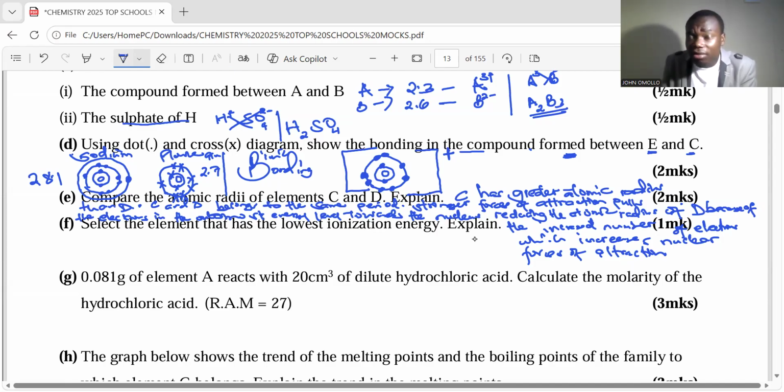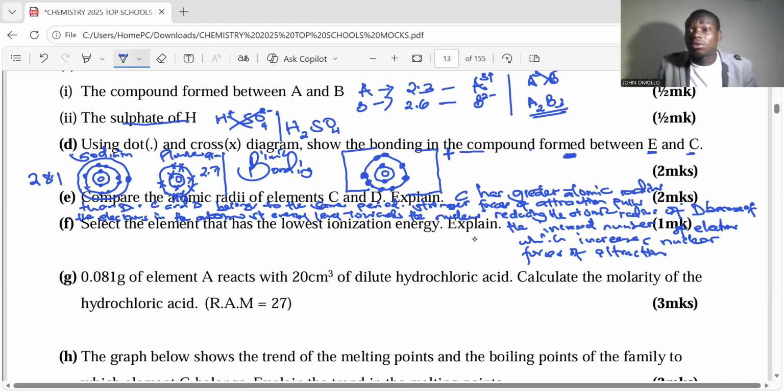So as the number of electrons increases, there is greater pull, or greater nuclear forces of attraction, that is able to pull the electrons towards the nucleus. So the higher we go, the more electrons we have, the increasing number of electrons increases the nuclear forces of attraction, pulling the electrons towards the nucleus. And that is the explanation. So we can say they belong to the same period.